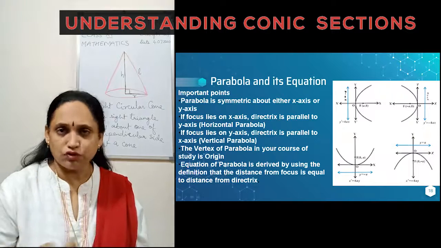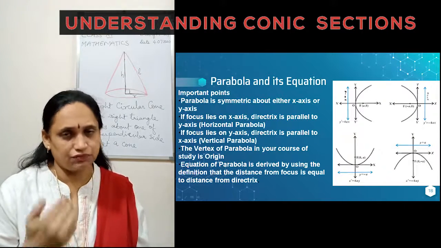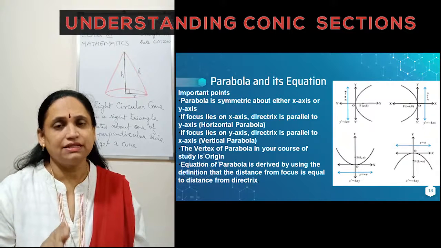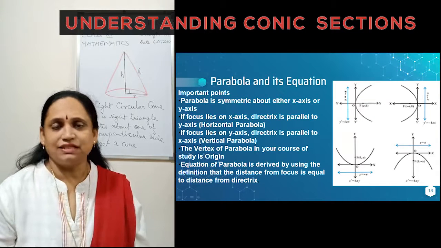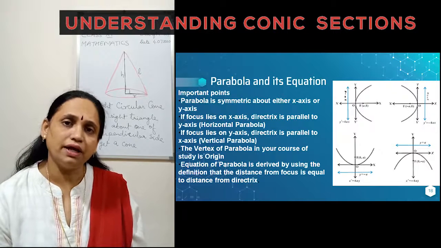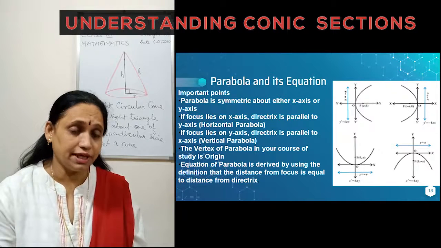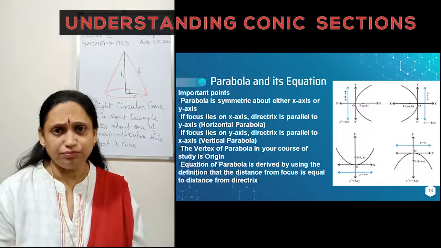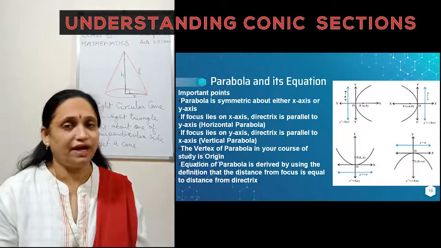Accordingly, the focus would change and the directrix would change. Remember, when we place it on the axis, only one of the axes becomes the axis for the parabola. Hence, a parabola is symmetric about either the x-axis or the y-axis. It cannot be symmetric to both of them at the same time.